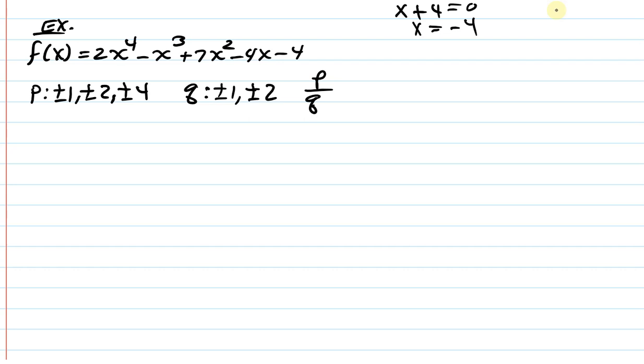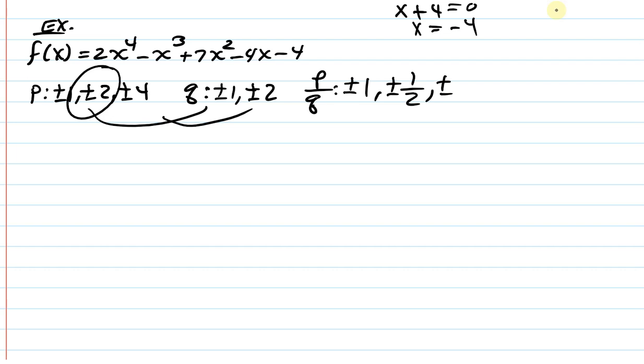So for this one, for p over q, you divide every one of the factors in p by both of these in q. So I get plus minus 1 divided by plus minus 1 is plus minus 1. Plus minus 1 divided by plus minus 2 gives me plus minus 1 half. Now you try 2. Plus minus 2 divided by plus minus 1 is plus minus 2. 2 divided by 2 is 1.